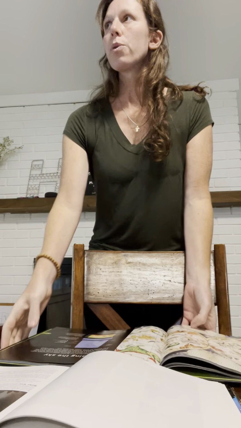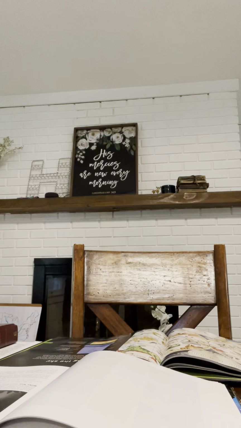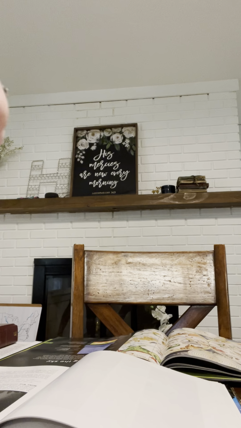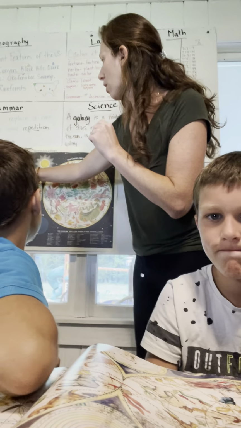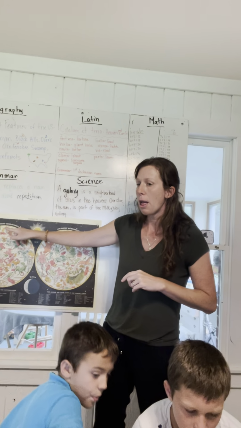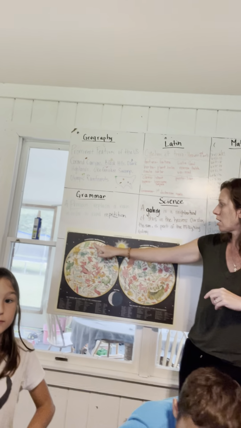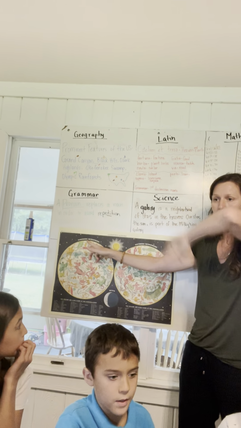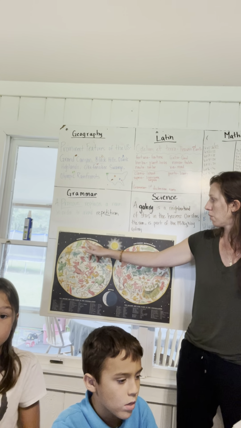Okay, so when we are looking at a map of the constellations, everybody look at me over here for a second. Can you hold that so that it's turned facing? Right up here is Polaris, the North Star, and we'll talk more about Polaris later, but Polaris, the North Star, marks the northernmost point, the top of the sphere of the heavens, okay?